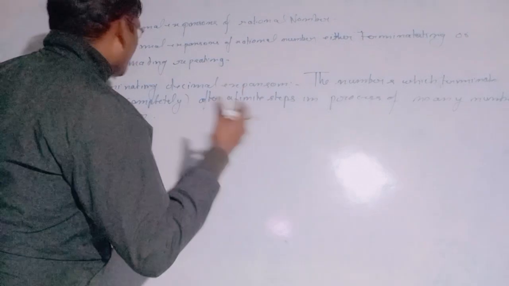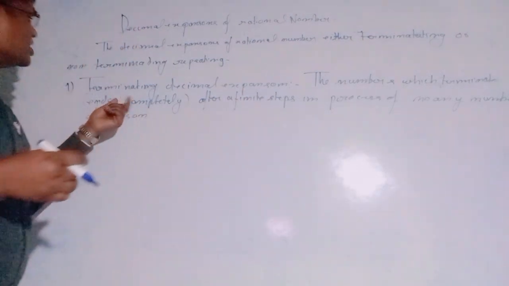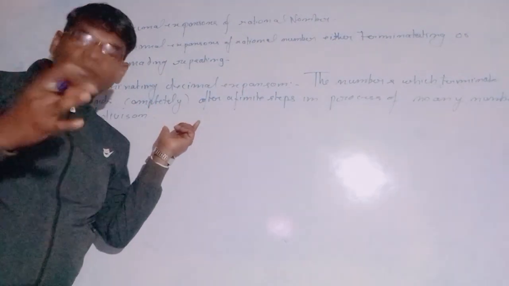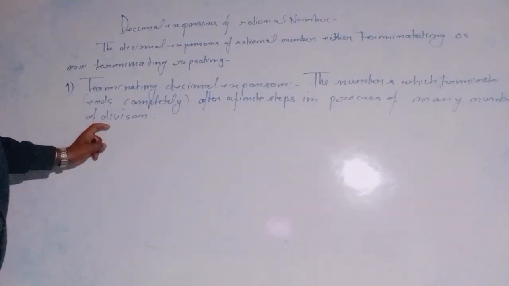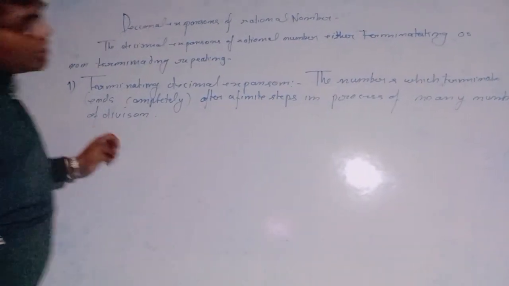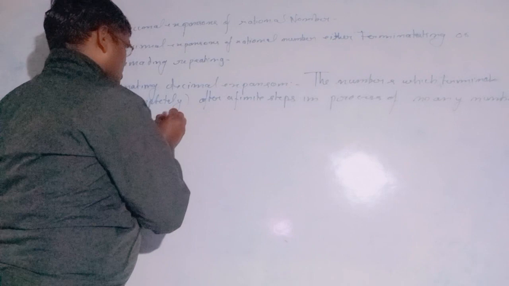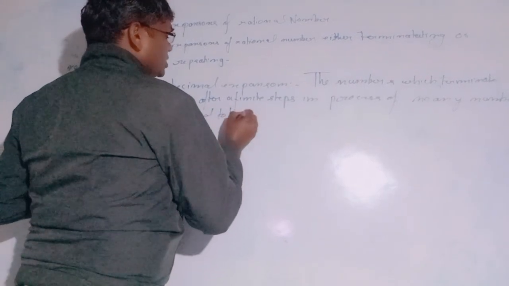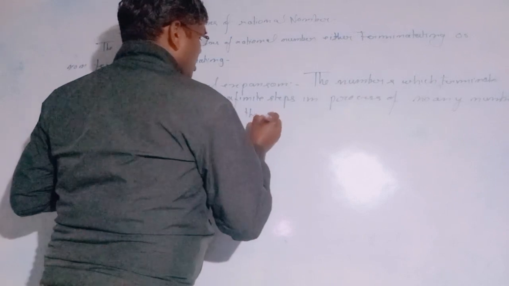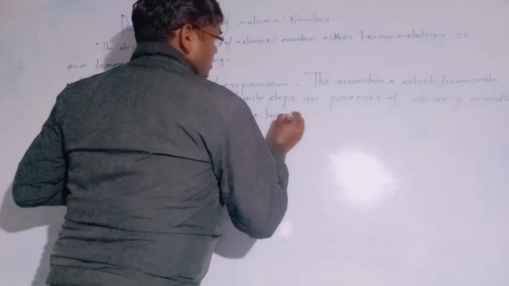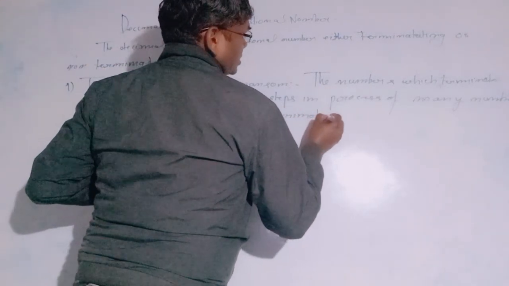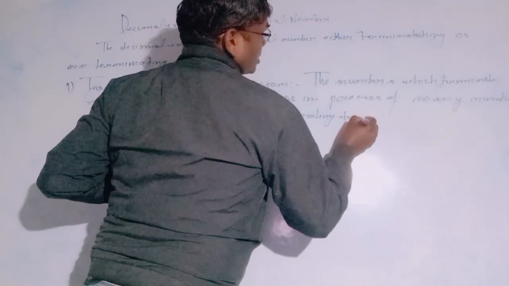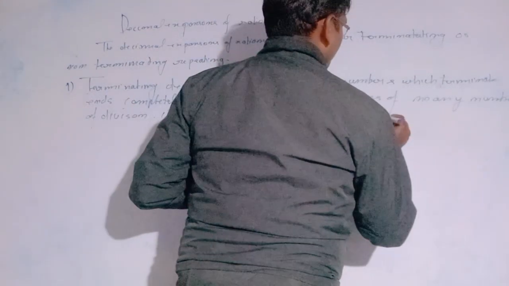After the process of many divisions, if it terminates, that means it completely ends after the process of divisions, and it is said to be the terminating decimal expansion.